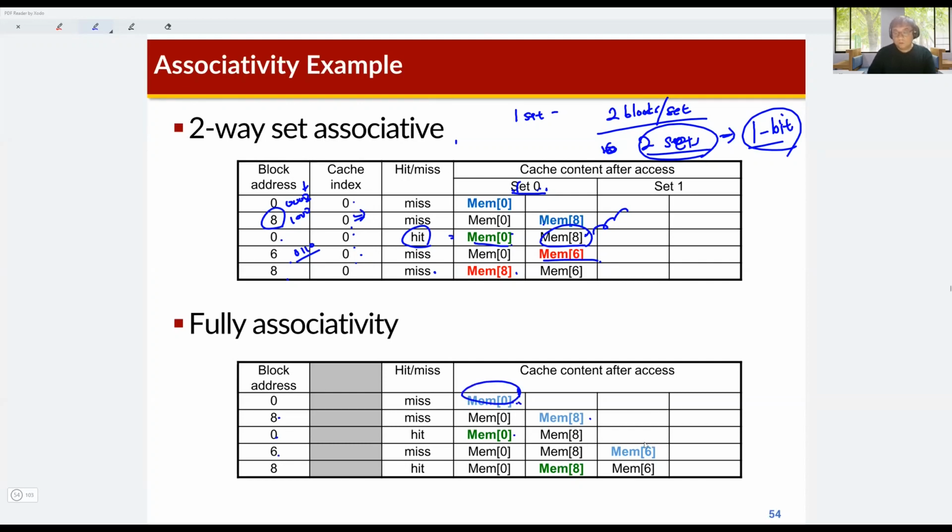For 6, there are 2 empty entries, so block address 6 can be assigned to one of the 2 empty entries. Then 8 is a hit. So in this case, with the fully associative cache, among 5 requests, 2 requests are hits.